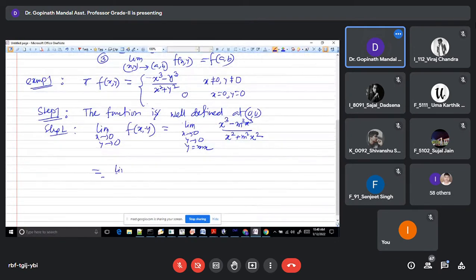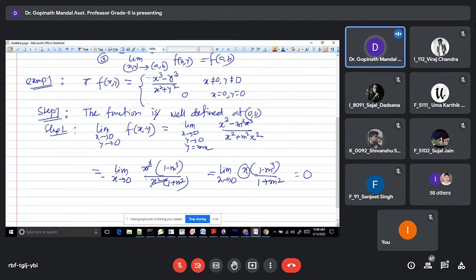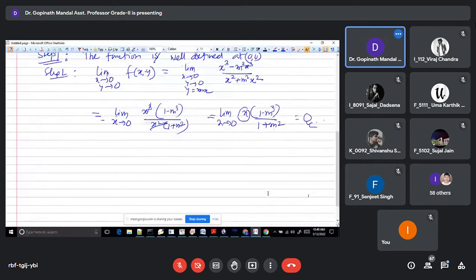This will be the limit as x tends to 0 of x cube (1 minus m cube) by x square (1 plus m square). So this is the limit as x tends to 0 of x times (1 minus m cube) by (1 plus m square). Now since x tends to 0, the limit will be equal to 0. So the limit exists at the point (0,0), and the value of the limit will be equal to 0.